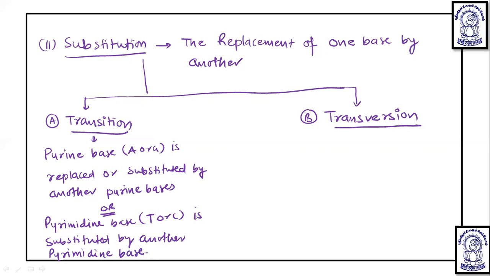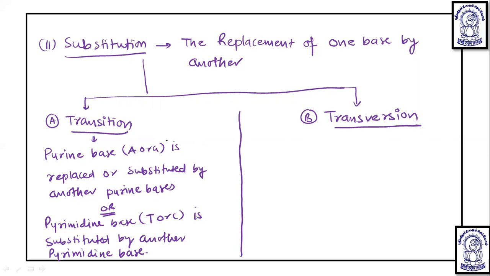Then it is known as transition. So in DNA, if a purine is there, either A or G, if it is A, then it is replaced by G, and if it is G, it is replaced by A, then we call it a transition. Or in the pyrimidine case, if it is a T in the DNA, the mutation converts it into C, or if C is there in DNA, it is converted into T. If such a type of mutation is occurring, then we call it a transition.